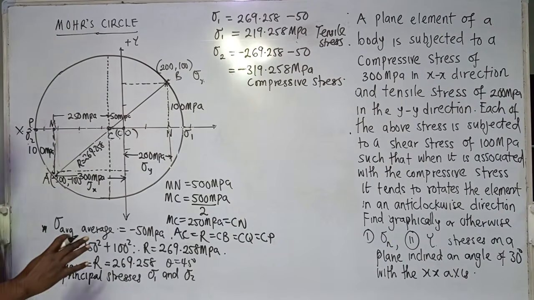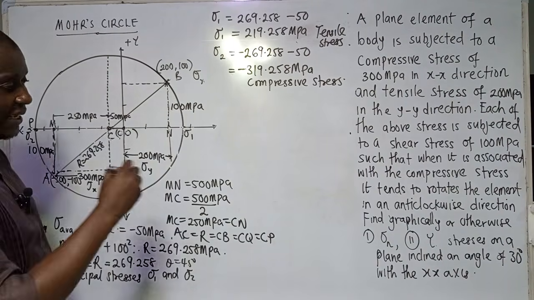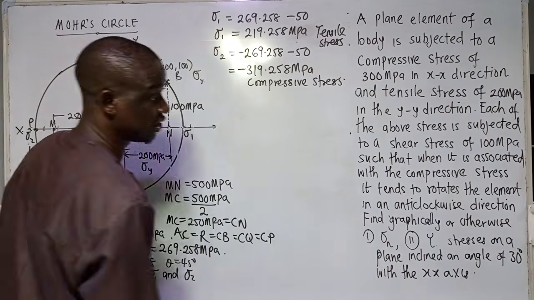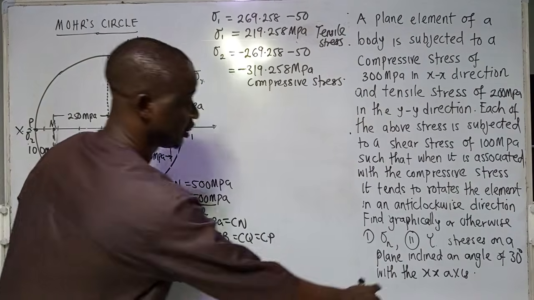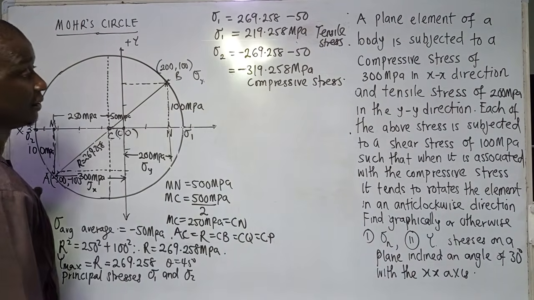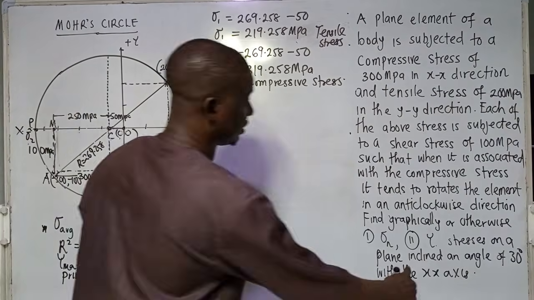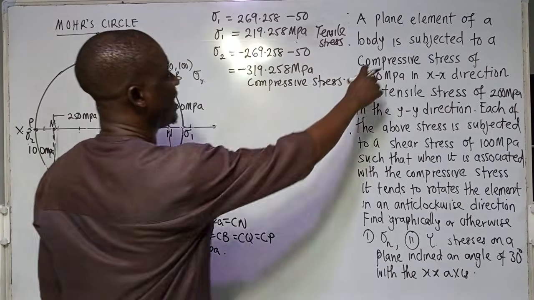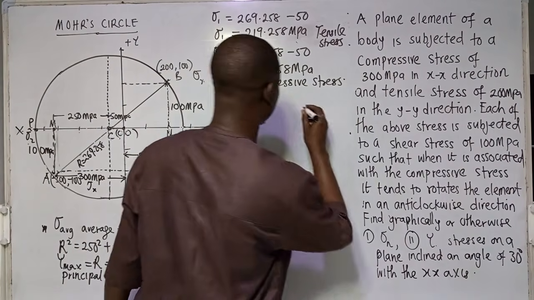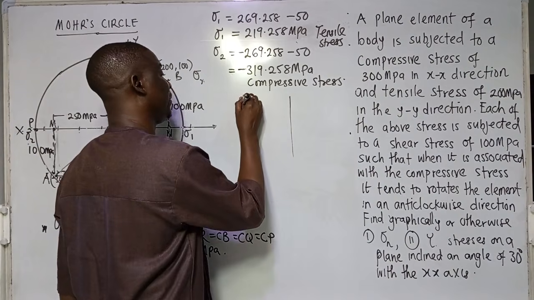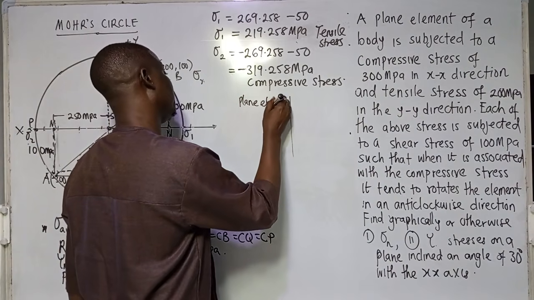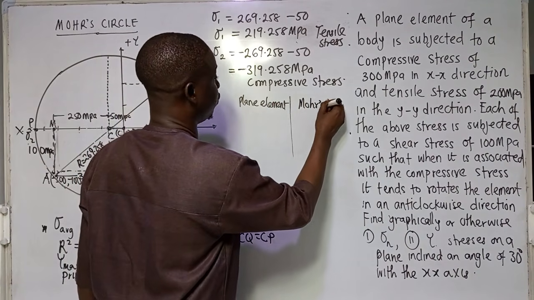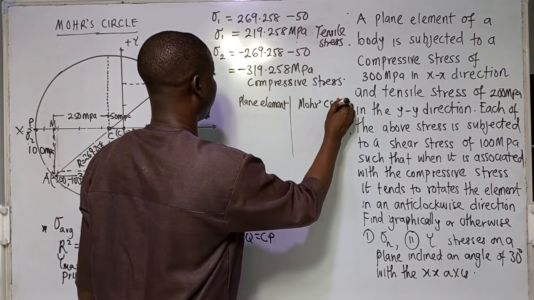Now, having done that, let's rotate to get the main question that we are asked, which is normal and shear stress when it's rotated. Now, they say the plane is inclined at an angle. If the plane is inclined at 30 degrees, don't forget, there are the plane elements and there is the Mohr circle.